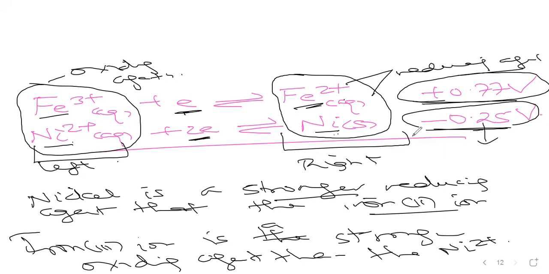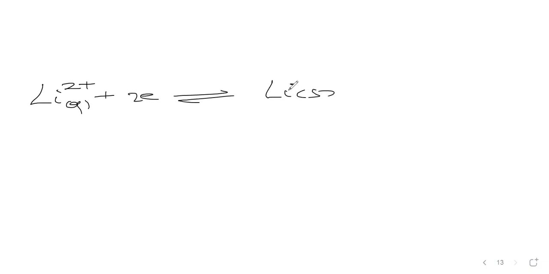Now, I think you've got the idea of oxidation and reduction using electrochemical series and electrode potentials. Now, I will pick one electrode, the lithium electrode, which we saw that it is given as this. This is the reduction equation from the lithium metal.